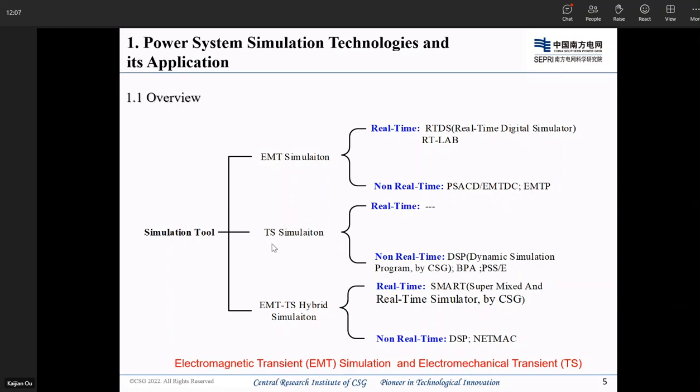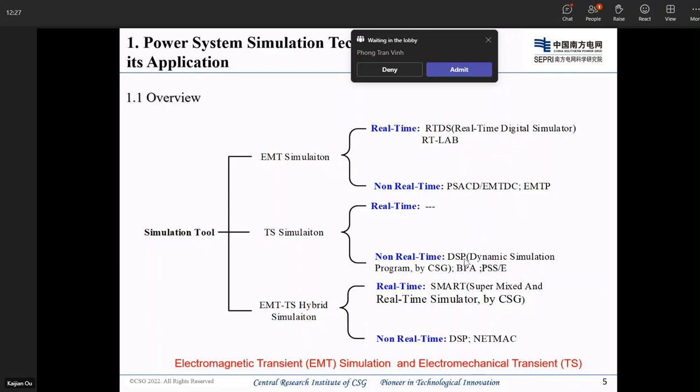For TS simulation, we have some real time too, but most TS simulation is non-real time. Like DSP, a software developed by VSC.